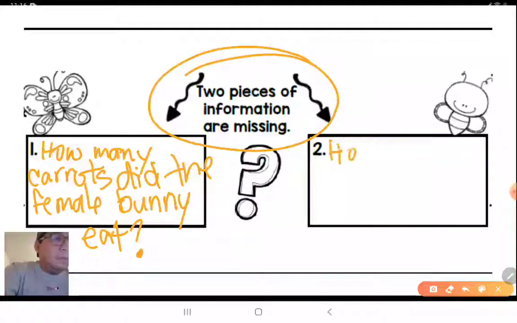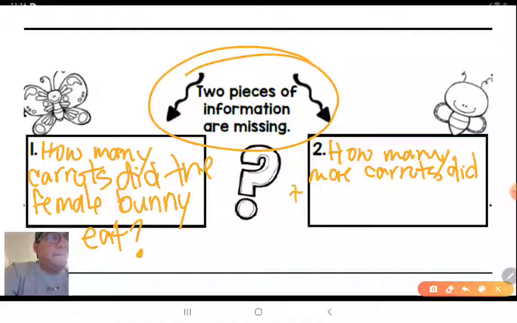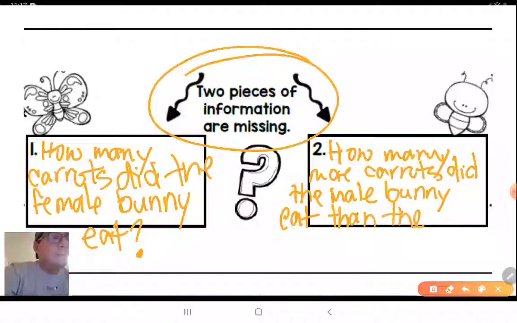How many more carrots did the male bunny eat and the female bunny?